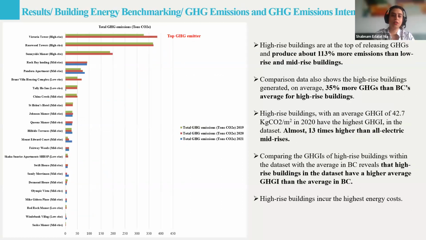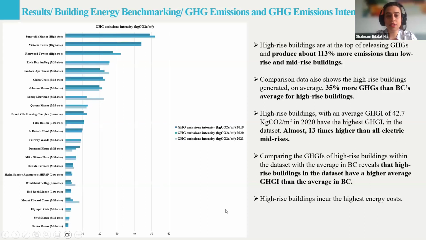This graph shows the results related to greenhouse gas emissions and greenhouse gas emissions intensity. Again, the graph ranked buildings based on the GHG emissions. So the results show that the high-rise buildings have the highest greenhouse gas emissions compared to the other buildings, and you can see the difference is significant.